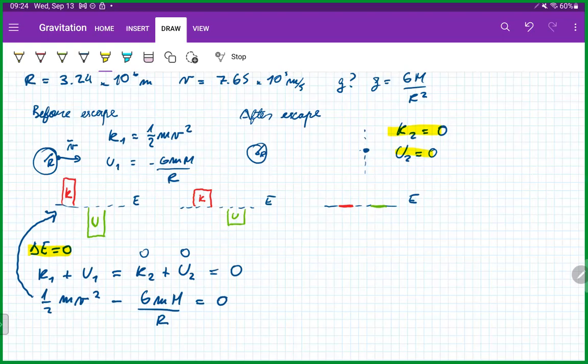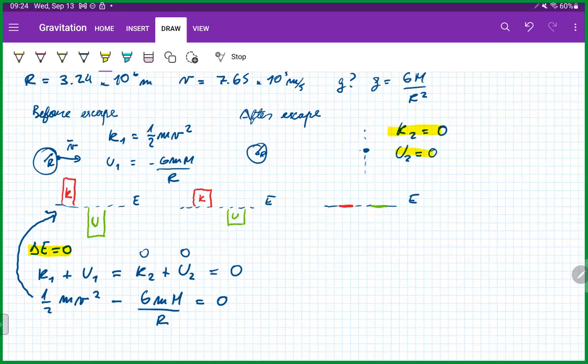Of course, if we have more speed at the initial point, then it will ensure that it's escaping. But by definition, the escape speed is the minimum speed at which the object escapes the gravitational interaction. All right? Any questions about this?